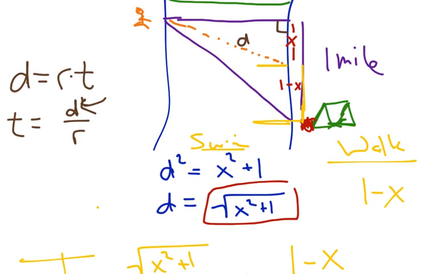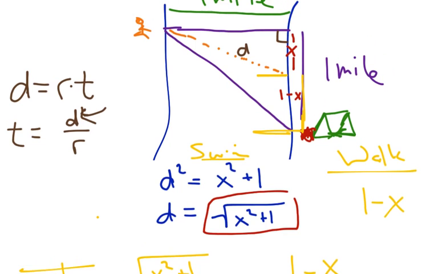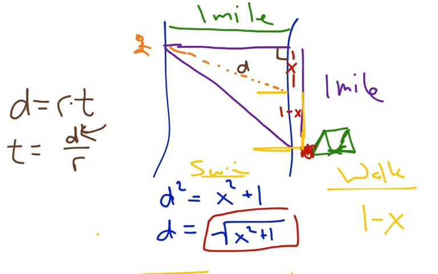Now, theoretically, it is possible for x to be something other than the numbers that we talked about. I think with some simple reasoning, we could understand that it would be possible for us to swim in this direction and then walk more than a mile if we wanted to. But I think we'd also realize that that's not going to minimize our time of getting there. And then similarly, if I was to swim beyond the campsite over here and then walk back up, that doesn't make sense as a possibility for minimizing the time.